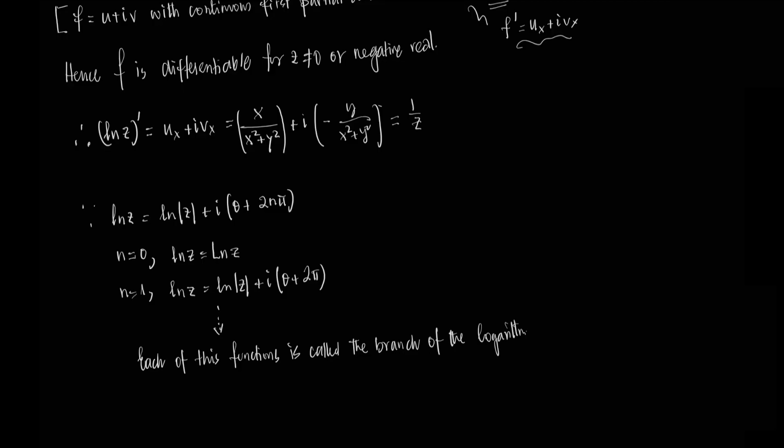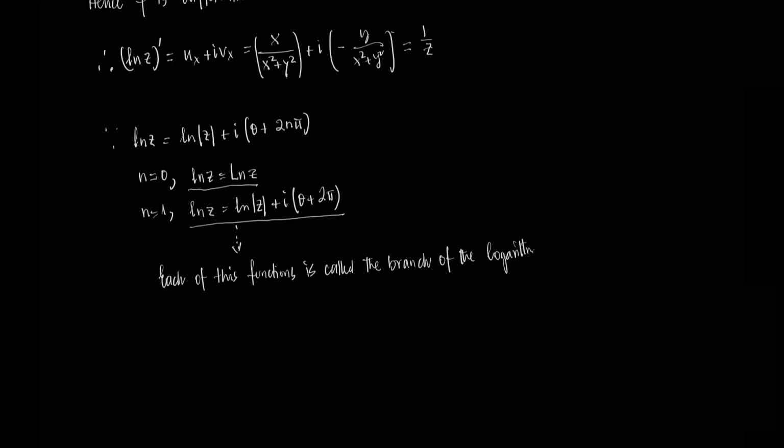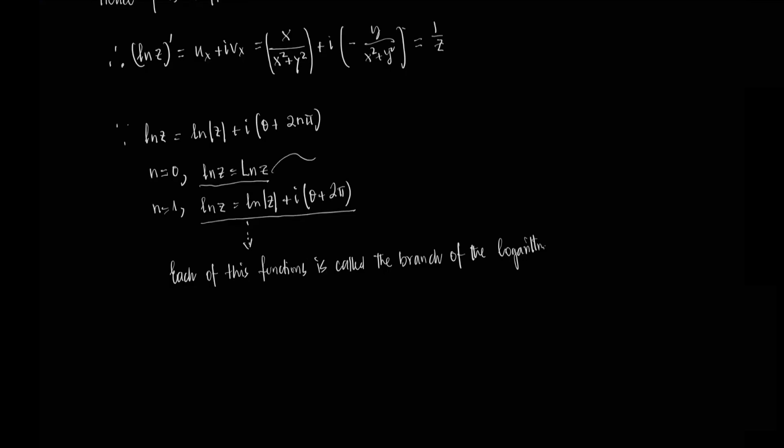You understand? These are branches. So essentially one branch will give you the principal, the second branch will give you i theta plus 2 pi, the third branch will give you theta plus 4 pi, another branch will give you theta minus 2 pi, and it will go on doing this thing. Okay, and this of course is called the principal branch of log z. I hope this is clear.